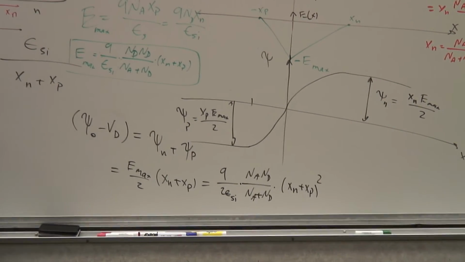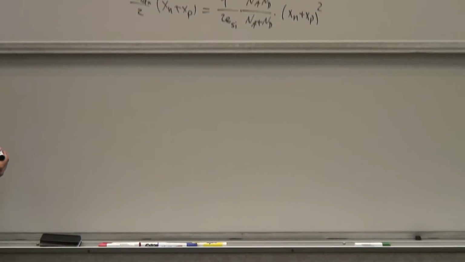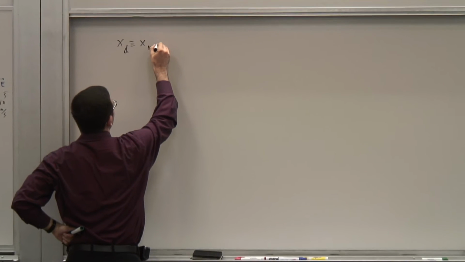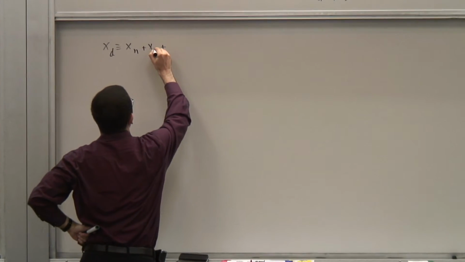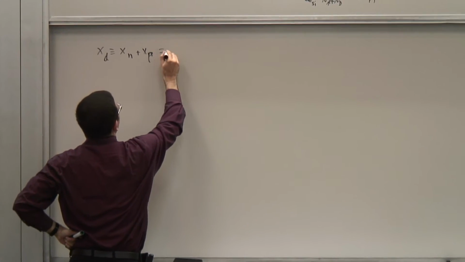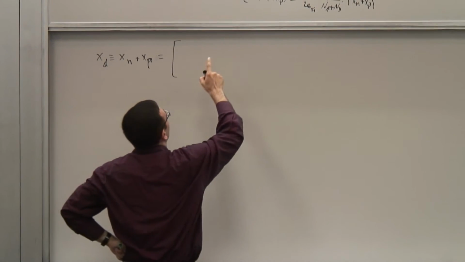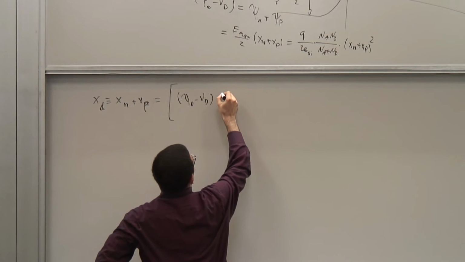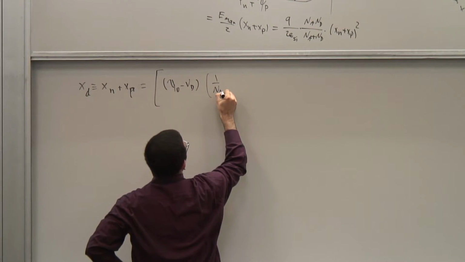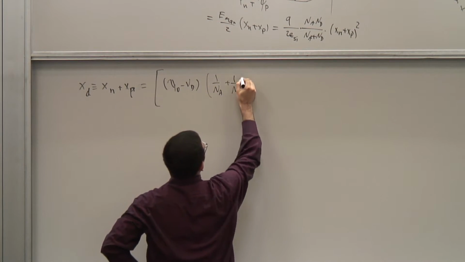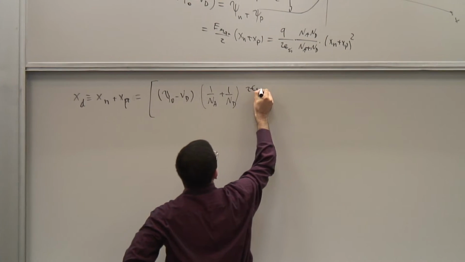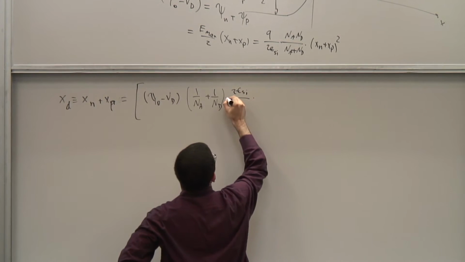So when I do that, I get XD, which is the depletion width, which is by definition xn plus xp. It is going to be the square root of psi naught minus VD times 1 over Na plus 1 over Nd, times 2 epsilon silicon divided by q.